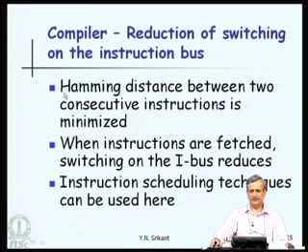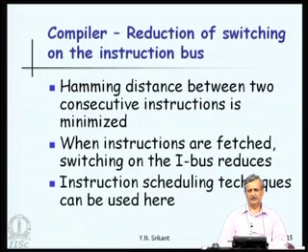So, reduction of switching on the instruction bus, for example, can be achieved by instruction scheduling. So, the Hamming distance between consecutive instructions is minimized. That means the number of changes from 1 to 0 or 0 to 1 between two instructions is minimized.